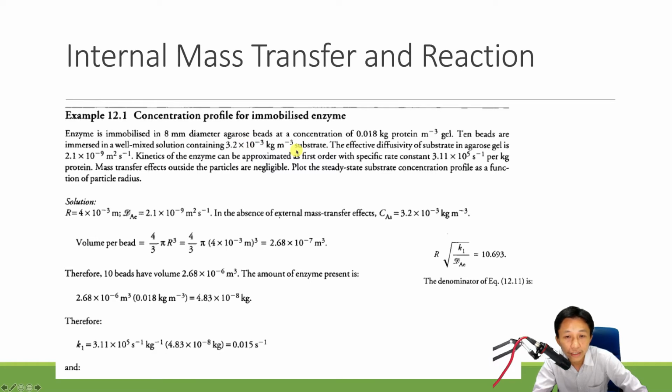The effective diffusivity of substrate in agarose is this one.